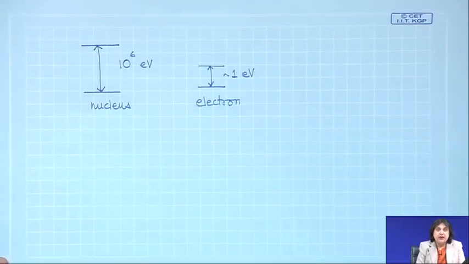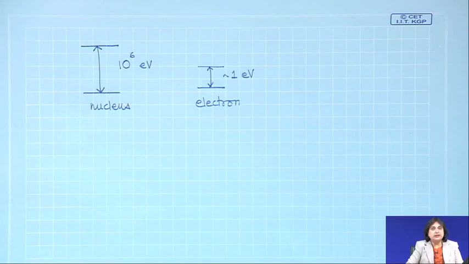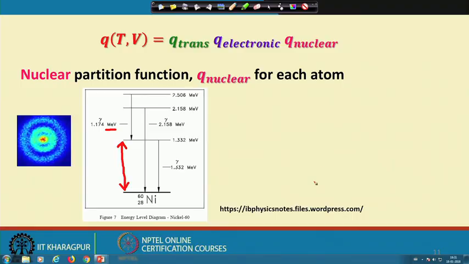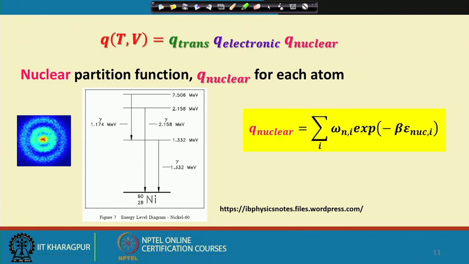Now, this has a very important consequence when we talk about the computation of the entire single particle partition function. But before I go into this, following the prescription of the electronic partition function, here also for the nuclear partition function we can write Q nuclear as the summation over all possible nuclear energy levels i.